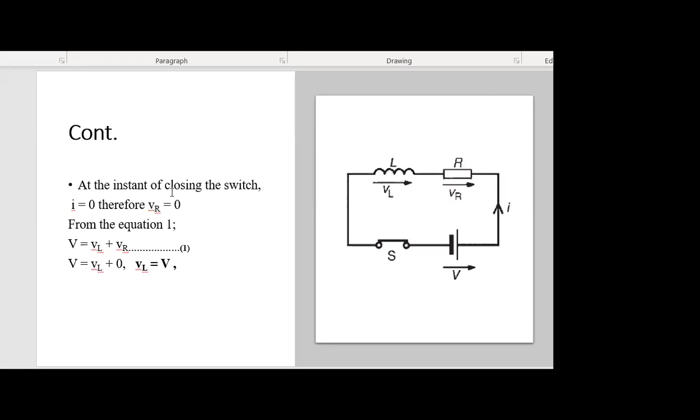So at the initial state, the induced EMF will cancel out that initial I. So I is 0, meaning that voltage across R will also be 0. So when we substitute this in equation 1, initially, V will depend on the induced EMF in the inductor, which is VL.